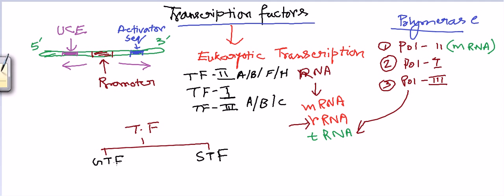Now generalized transcription factors are those that are normally found inside the cell all the time. But specialized transcription factors are those that are only found when the cell requires a specific type of gene expression. For example, in normal conditions there are the household or housekeeping genes, the general normal genes inside the cell which need to be transcribed all the time.